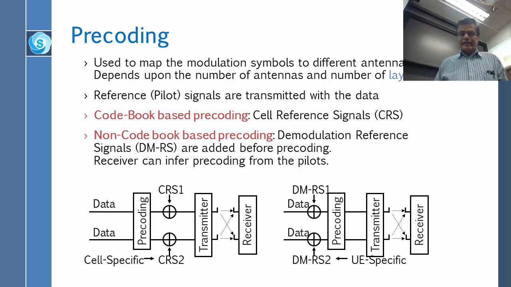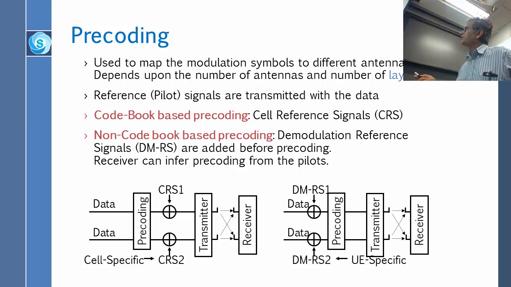Another difference is whether it is done before or after this box. In this case, this is done after precoding, and this one is done before precoding. The signal is added before this. So this is before precoding.